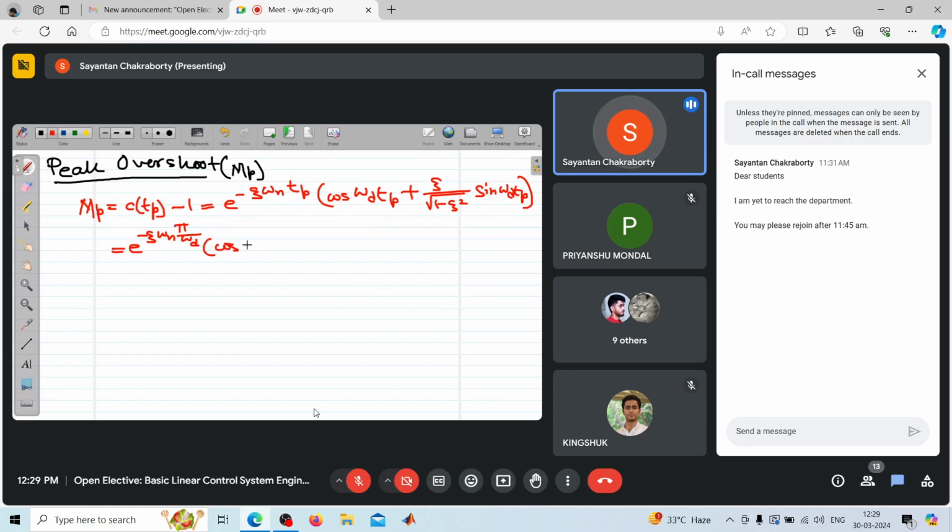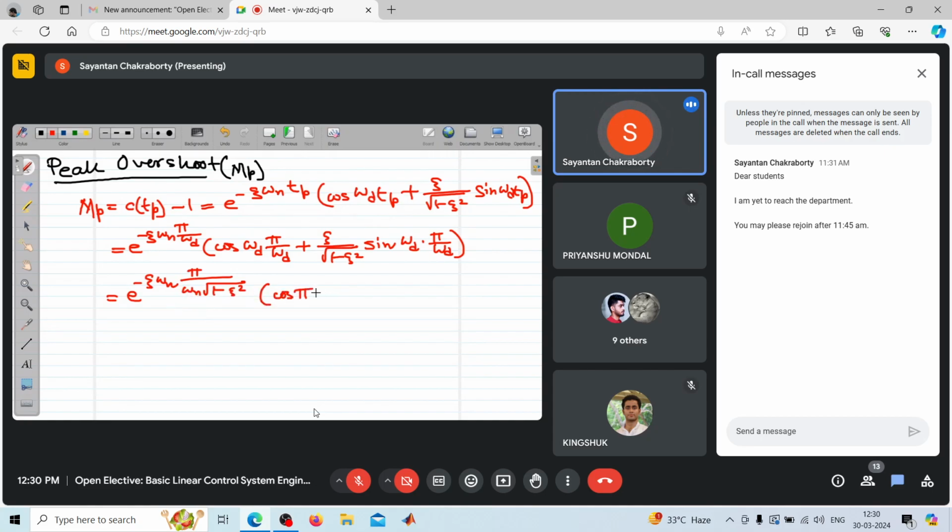Then cos omega d pi by omega d plus zeta over root over 1 minus zeta square sine omega d pi by omega d. So this will be e to the power minus zeta omega n pi by omega n root over 1 minus zeta square, because omega d is defined as this.